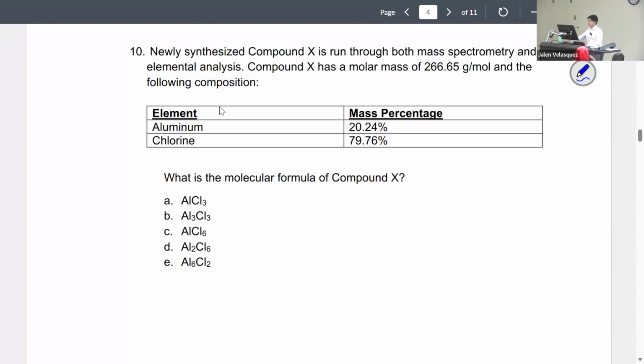So what this tells us here is we have 20.24% aluminum and 79.76% chlorine. From the given information, we need to figure out what is the molecular formula for compound X. I'll give you a little bit to let that simmer, think about it, and then we'll go through the steps to solving this.